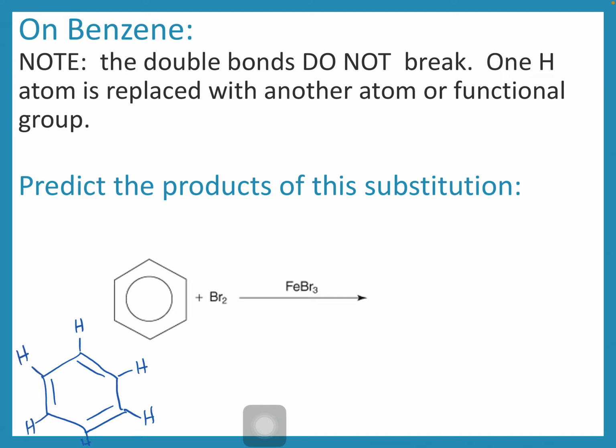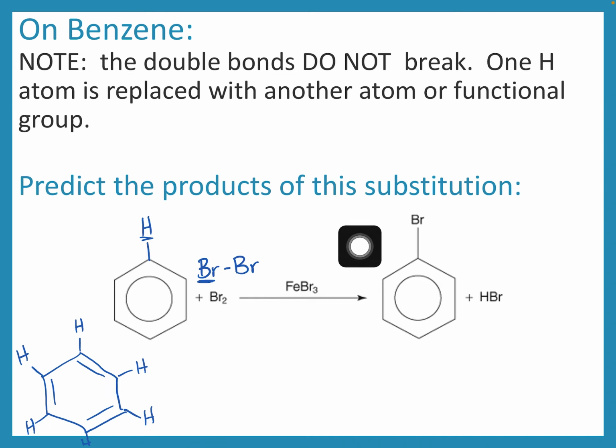So every single one of those carbons has a hydrogen, and the double bonds aren't going to break. We're going to have a replacement of one of those hydrogens. Let's say we have a hydrogen here, and that is going to get replaced from something over here. If we see this as bromine attached to another bromine, a haloalkane would be a functional group, so we're going to have a switching of those two.